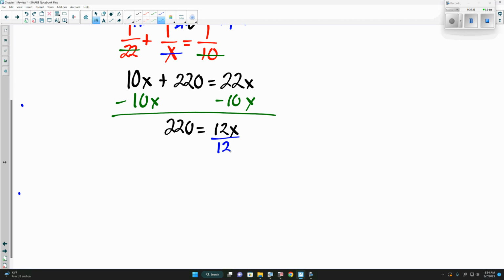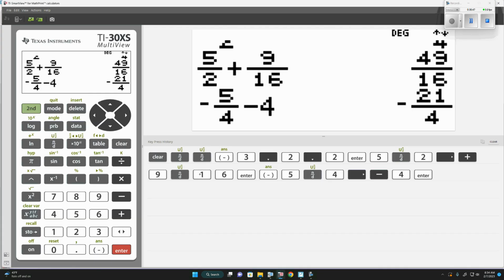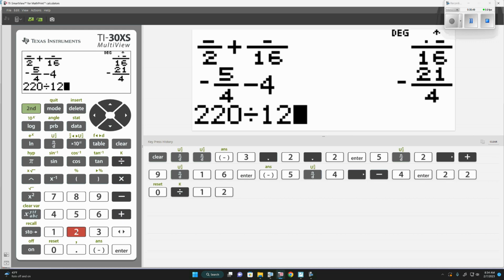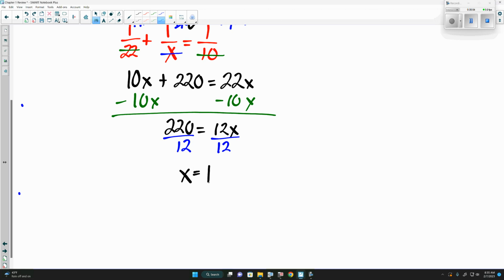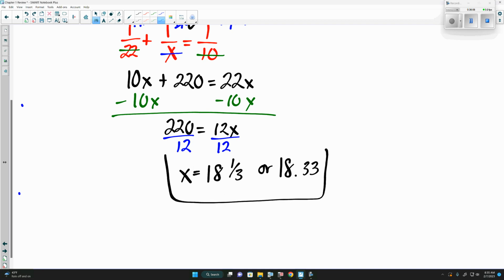And last but not least, we would divide both sides by 12. So x is equal to 220 divided by 12 is 18.3 repeated, or 18 1/3. Either one of these here.